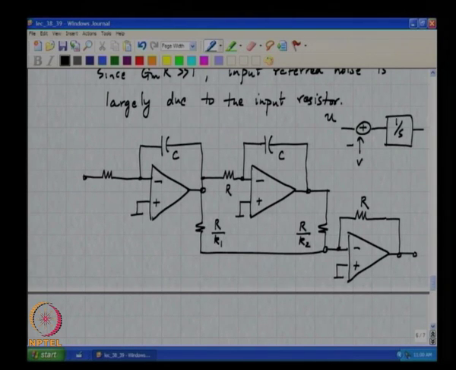How do we sum up U and V? Instead of using a single integrator, you can use a summing integrator by using another resistor like this.